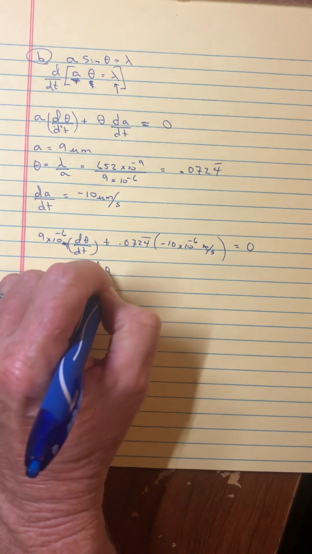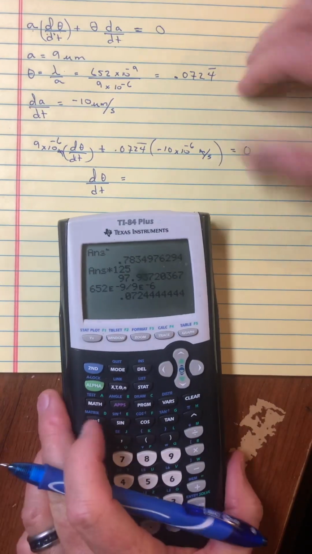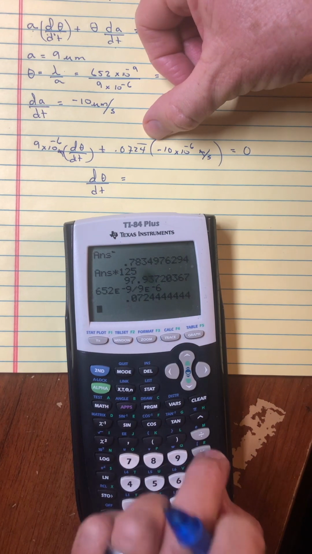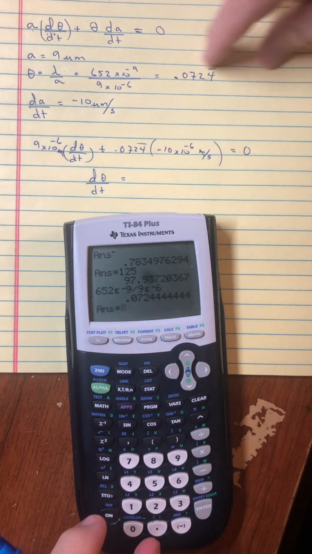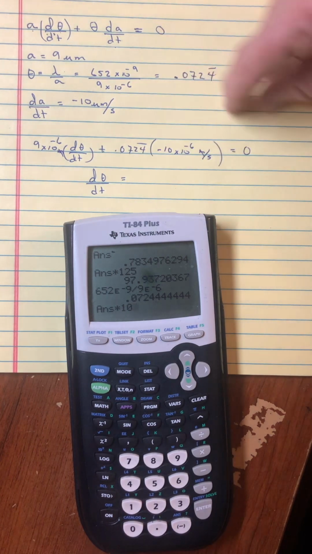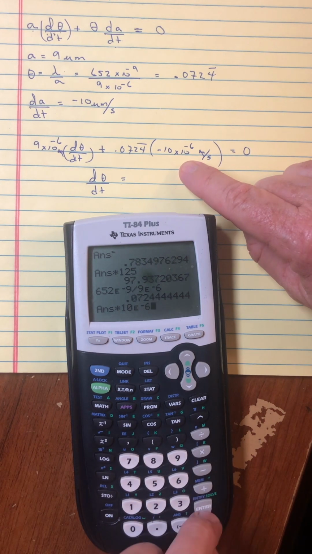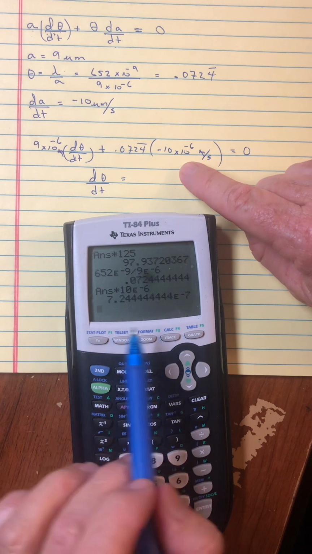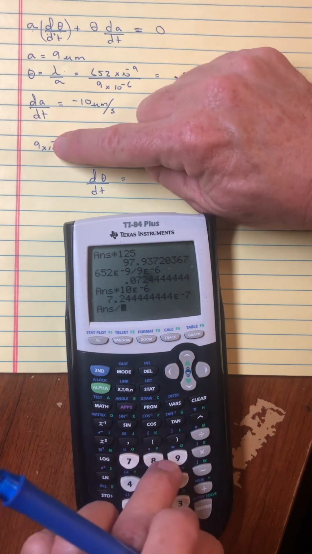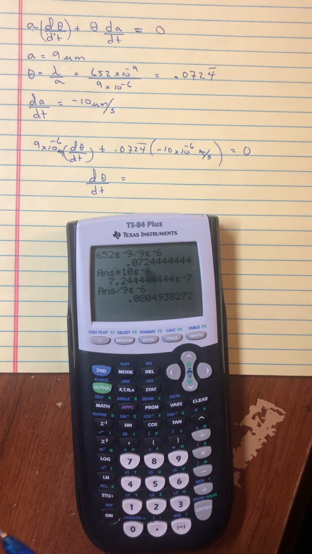And so the d theta/dt comes out to be, all right, actually that's already in my calculator. So I will go times, and I'm going to imagine bringing it to the other side. So I will just ignore the negative because that's going to change when I bring it to the other side. So that's 10 times 10 to the negative 6. Okay. And then once I bring that to the other side, I will be dividing by 9 times 10 to the negative 6.